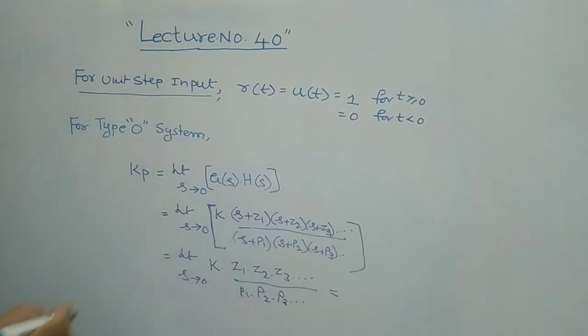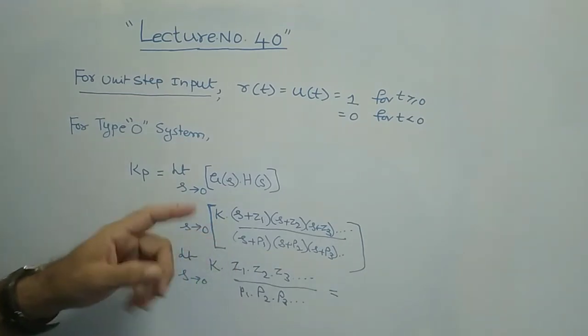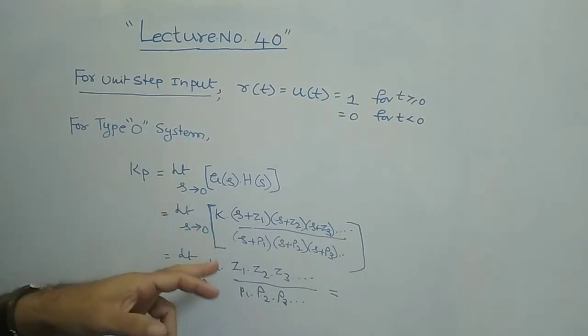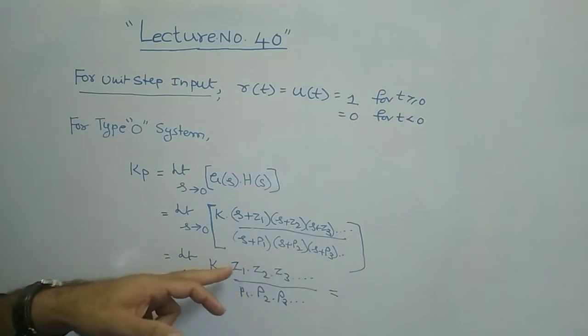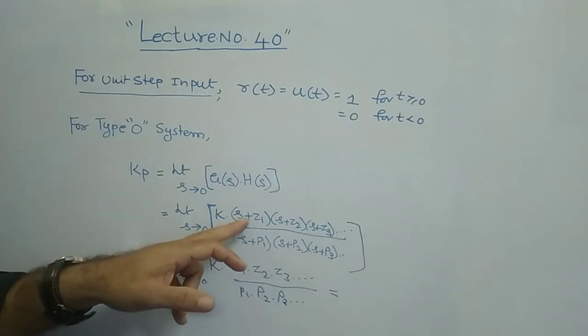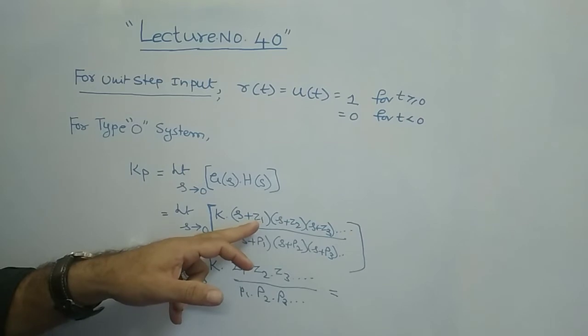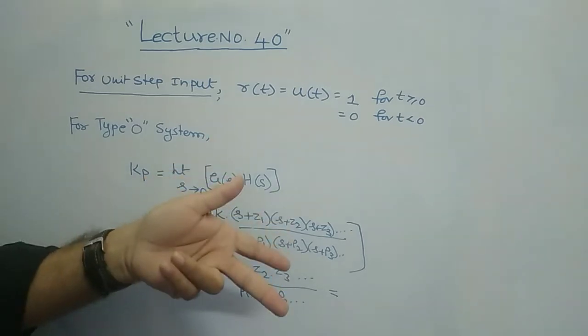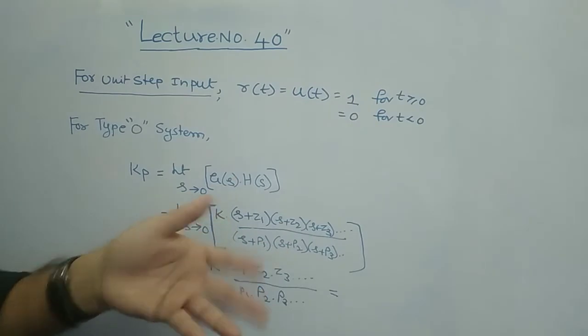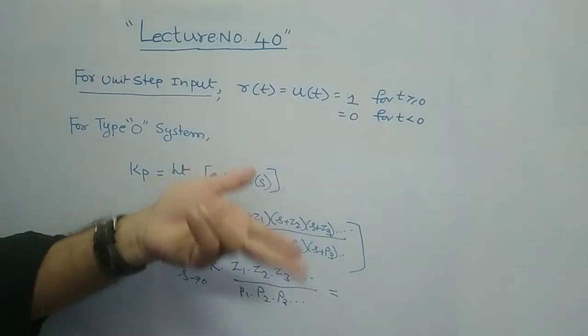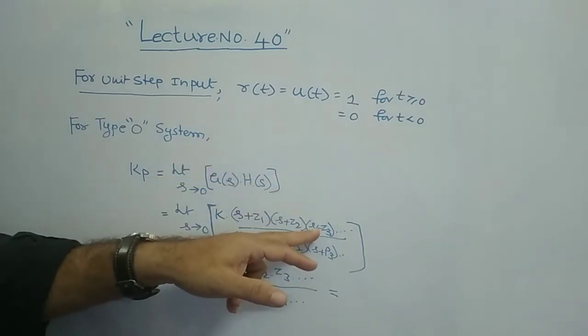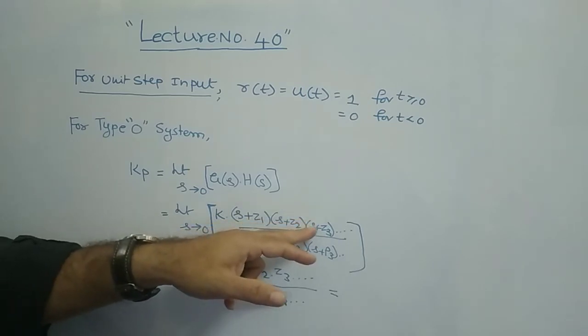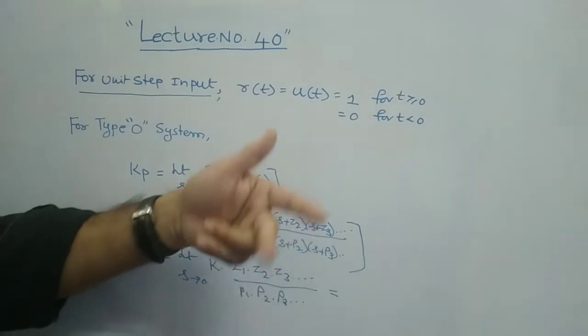Actually, zeros are nothing but some values, constant values. Say for example s plus z1: s plus 1, s plus 2, s plus 3. If it is s plus 1, then s equal to minus 1. Minus 1 is a constant. Like that, s plus 2, s equal to minus 2. Or say it is s minus 3, then s equal to 3.